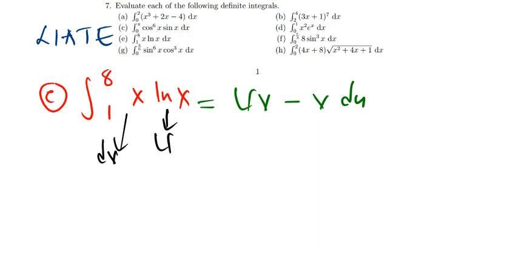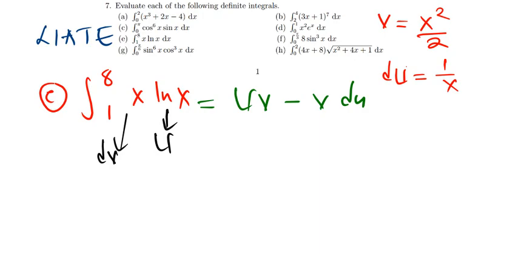Our v, the integral of x, is going to be x squared divided by 2, right? And then of course the derivative of natural log of x is just going to be what? 1 over x, right? At that point we're headed in the right direction.